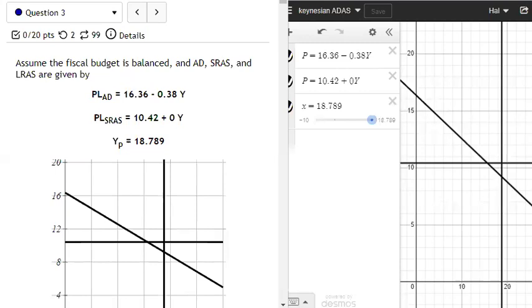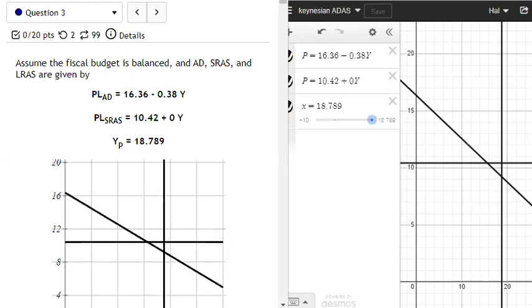All right. So we're going to assume the fiscal budget is balanced. That's just taxes that government collects equals the amount of spending the government engages in each year. And that the aggregate demand, short run aggregate supply, and potential GDP level are given below.